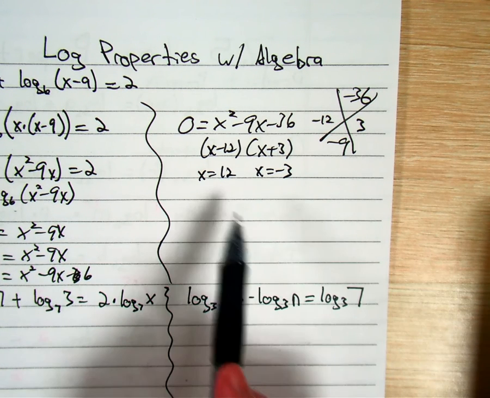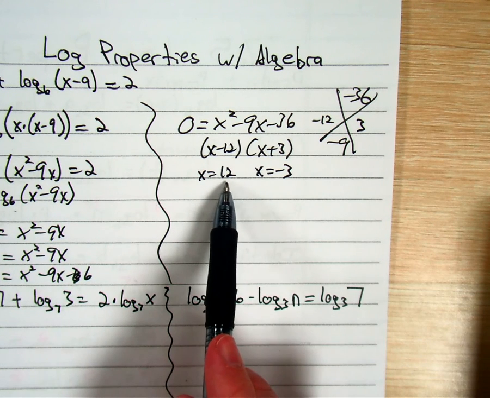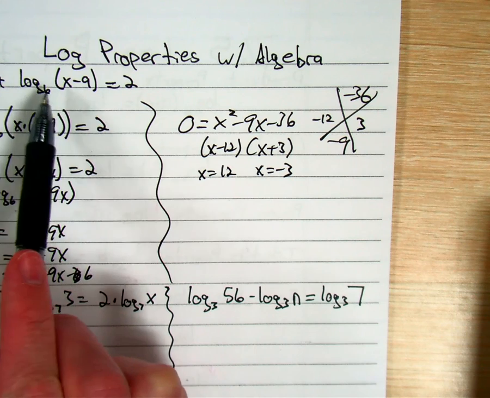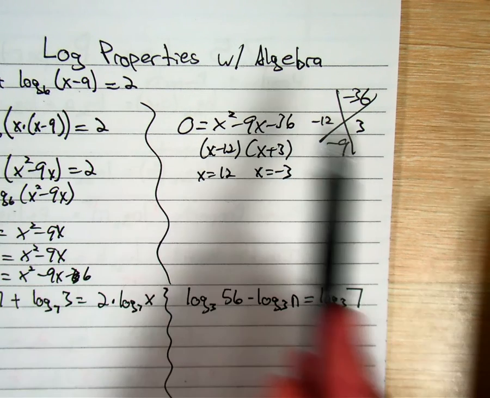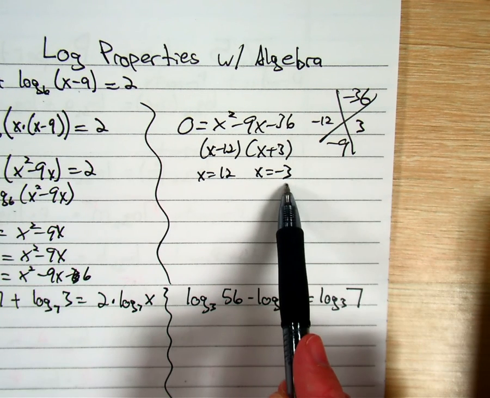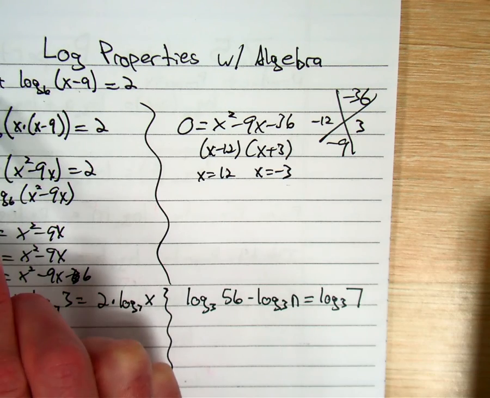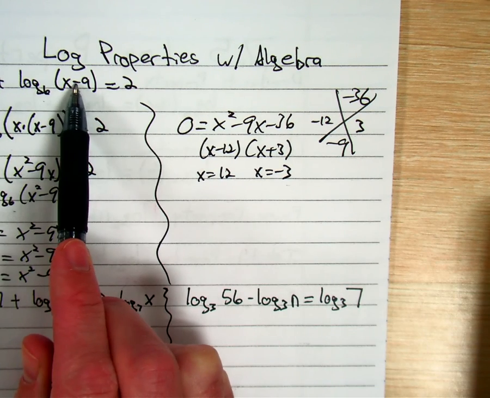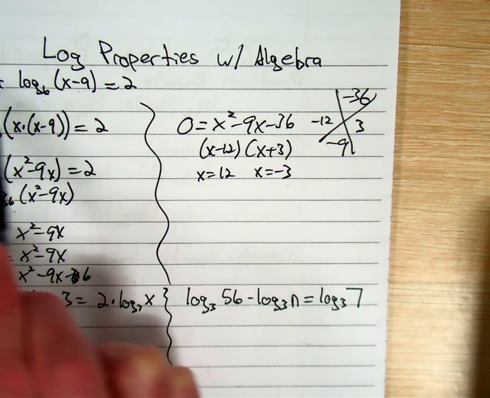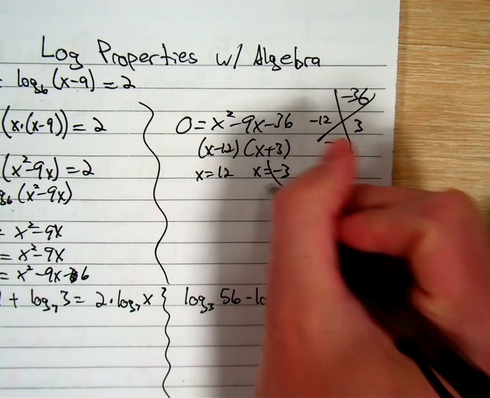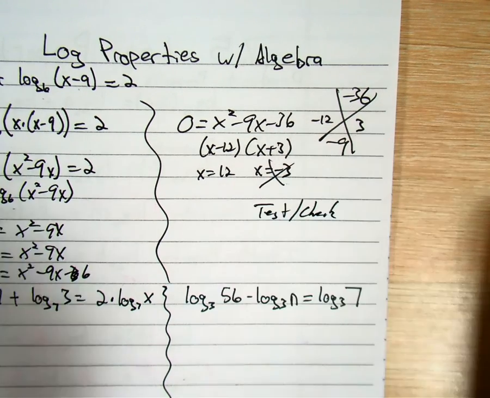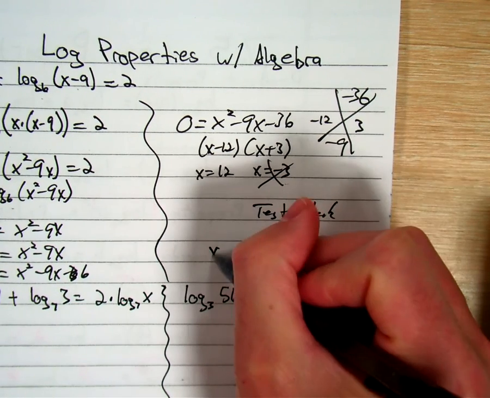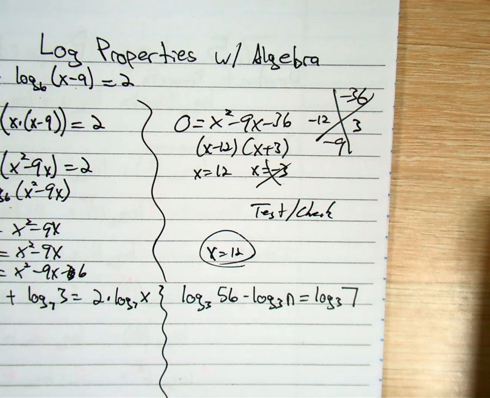Not done yet, got to double check. Okay, if I put 12 in here, this is log base 6 of 12 plus log base 6 of 12 minus 9, which is 3. Okay, that would be okay. If I put the negative 3 in, negative 3 there, negative 12 here, and we know this part of a log can't be negative. Don't forget to test and check. So you're only going to go with x equals 12.